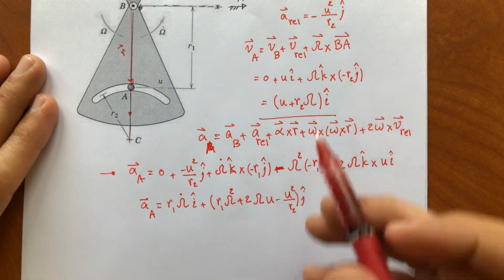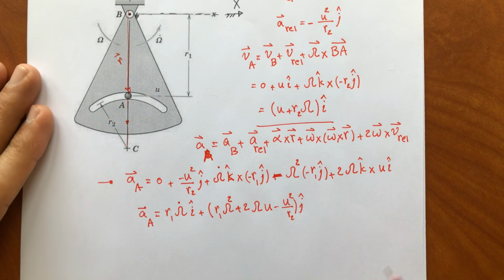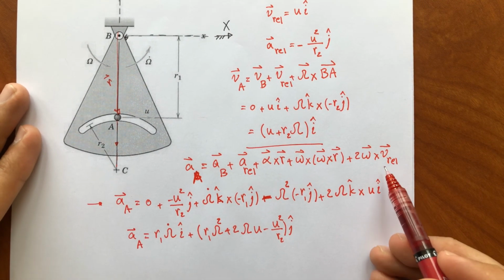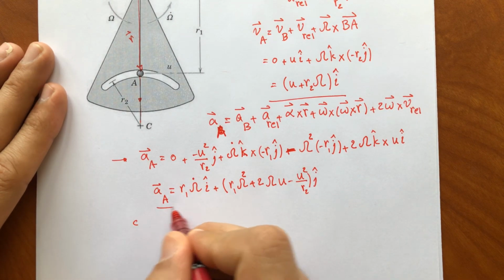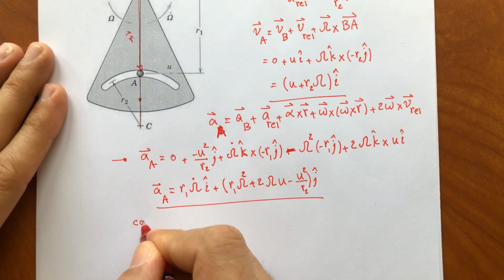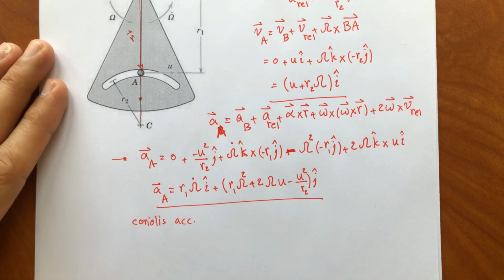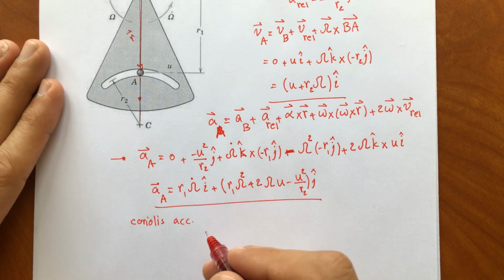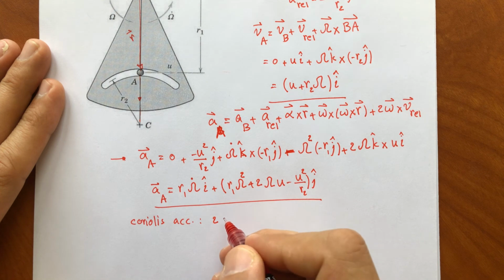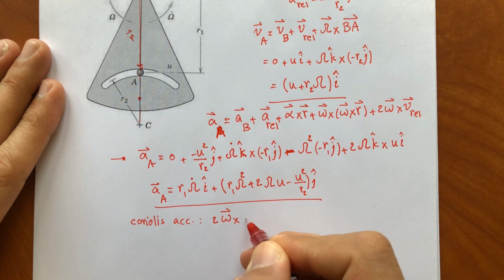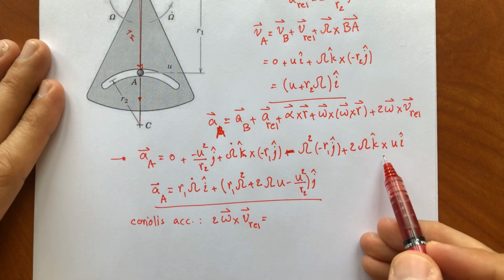And also the other part of the question is, what is the Coriolis acceleration? As you remember, we said this part is the Coriolis acceleration. So this is the total acceleration, and the Coriolis acceleration of point A in this rotating frame is 2 times omega cross v rel, which is going to be this part, right?